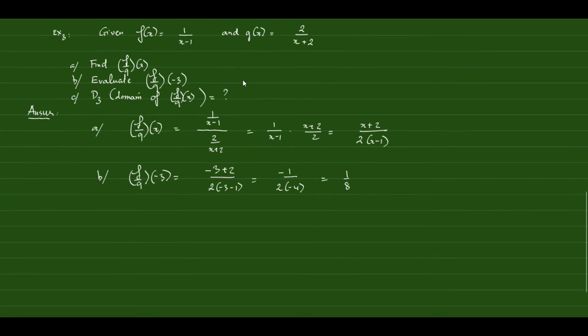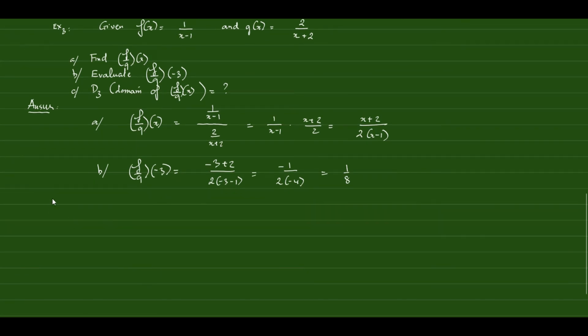Now the domain. First of all, we need to find the domain of this. So the function is not defined at 1, because 1 minus 1 is 0 over here, and you cannot divide by 0. Then you find the domain of the second one.